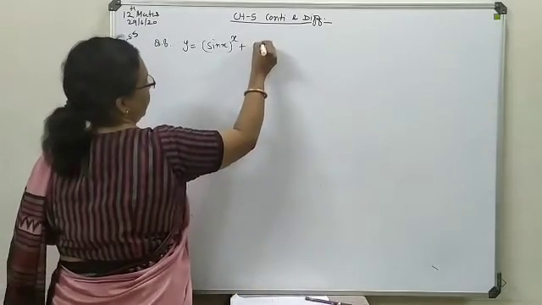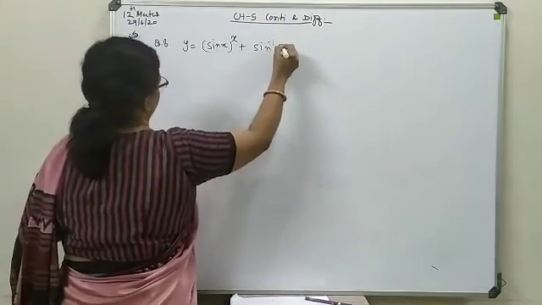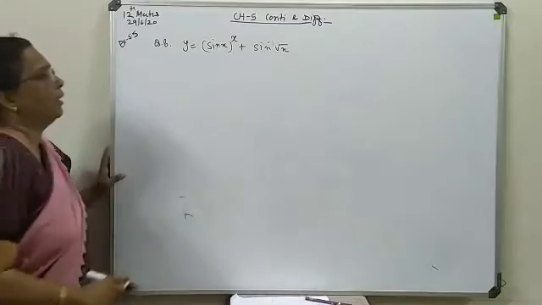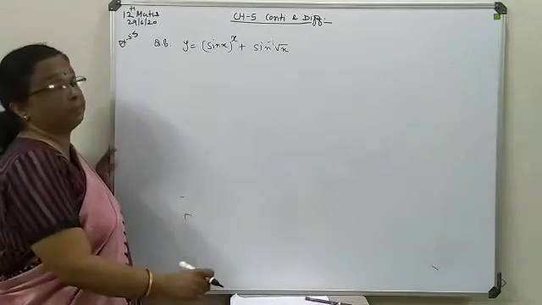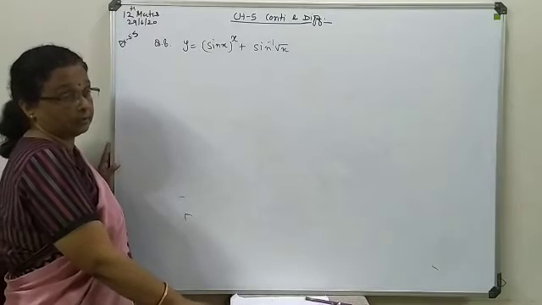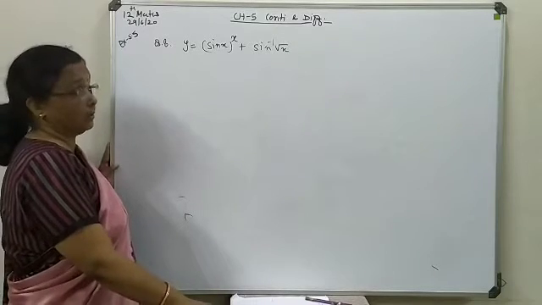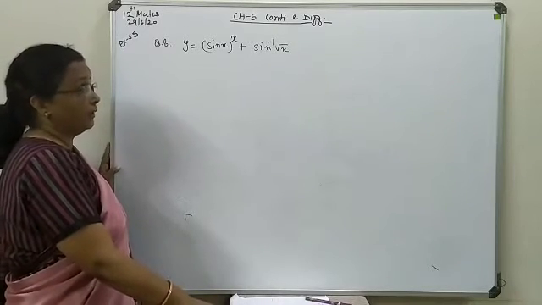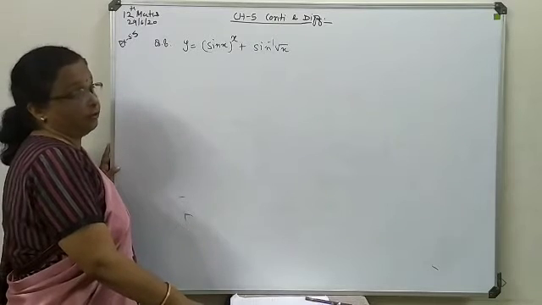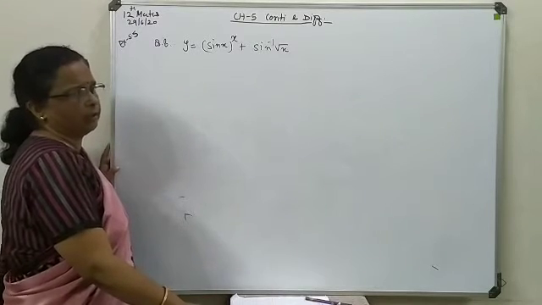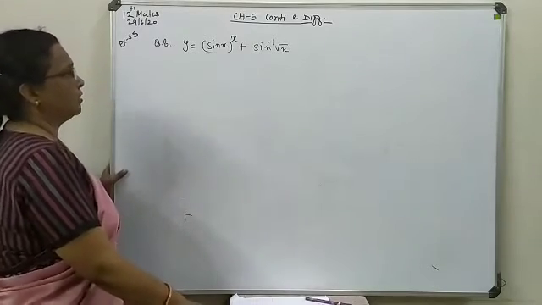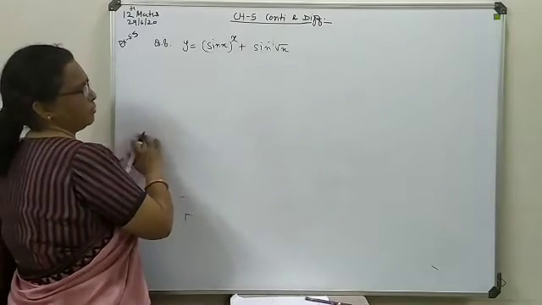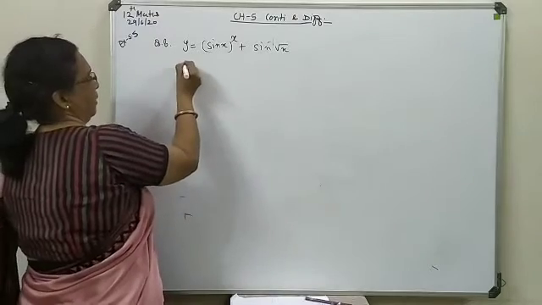Secondly, it is sine inverse under root of x. Here this sine x with power x, you will use logarithm to sort out. Second one, sine inverse under root of x, here no need to take the logarithm, directly it can be handled for differentiation. So here again you have to suppose these two as separate function forms.